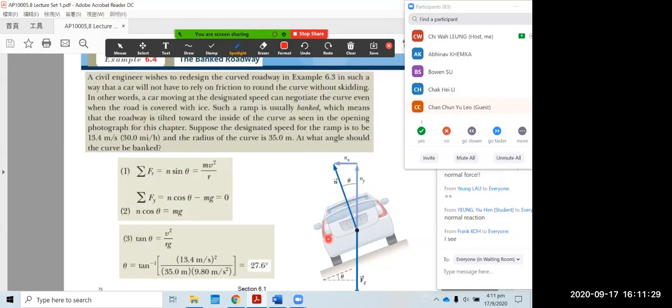Right. So far, we have been considering only motion, most of the time a horizontal circular motion. Of course, circular motion could take place in the vertical direction as well.